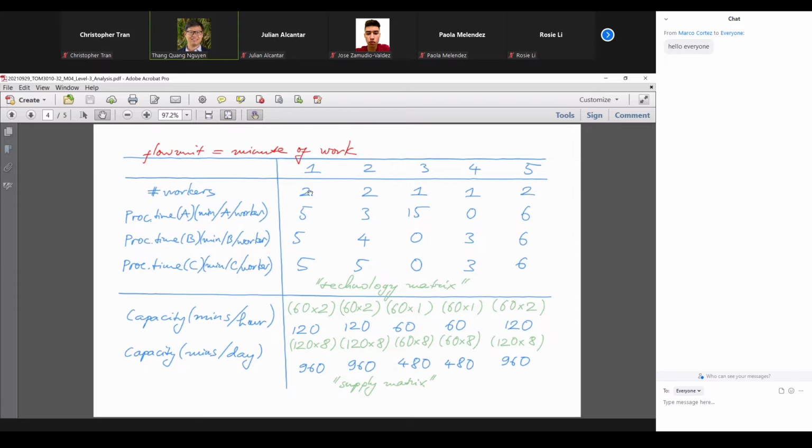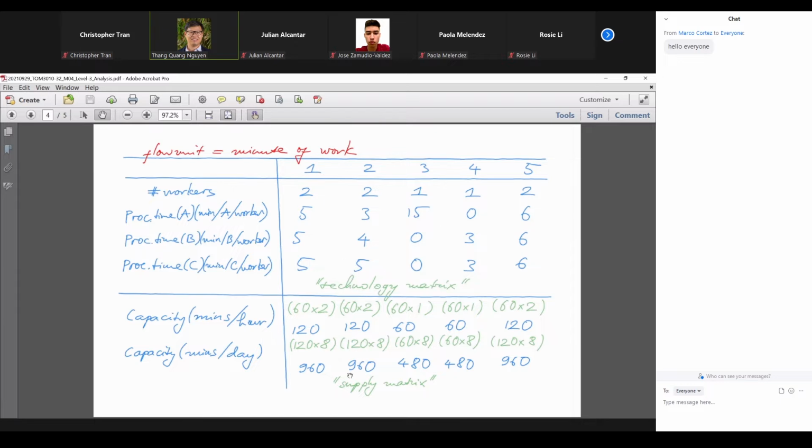But if we have 2 workers, then they can share the work and cut down the minutes by half. But by the process design and product design, right? This is how much work time it takes to process each of the dishes through each of the stations. All right, so that's a technology matrix.